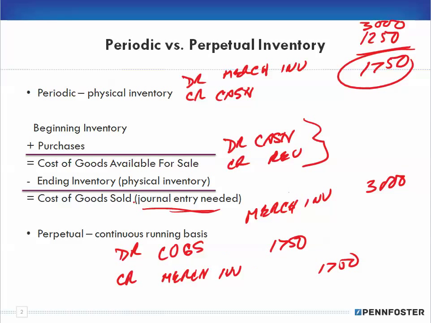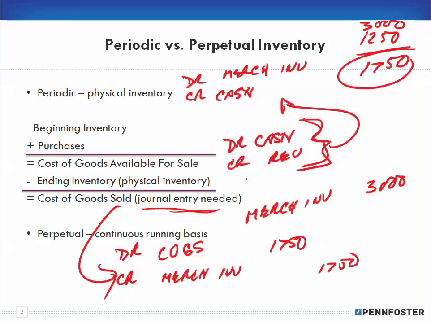So that's the adjusting journal entry that you make when you're going to do your adjustment for the periodic or for the perpetual inventory. The difference being here is that when you're using perpetual inventory, you make the sale, you immediately have to make an adjustment because you're taking it out of inventory.